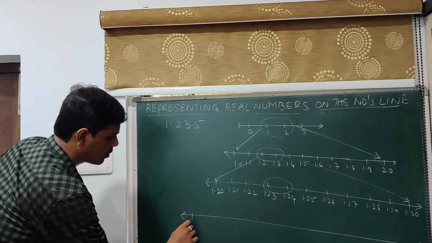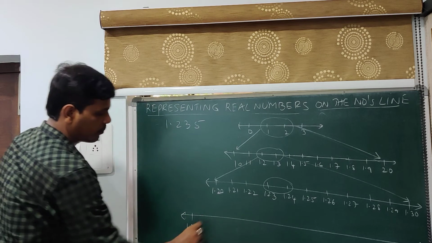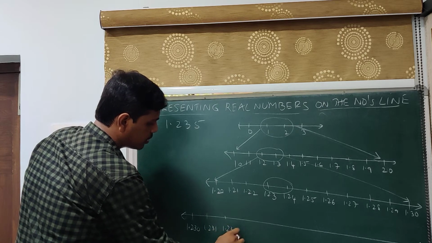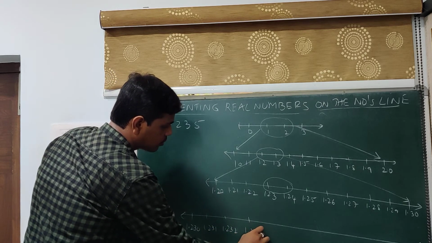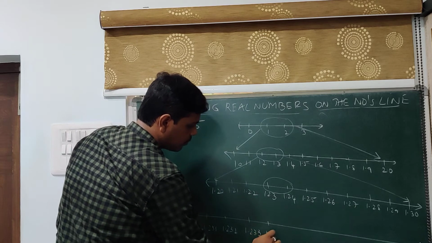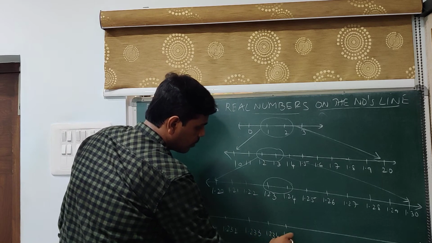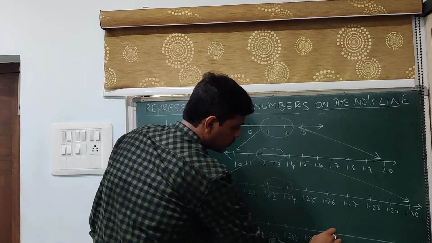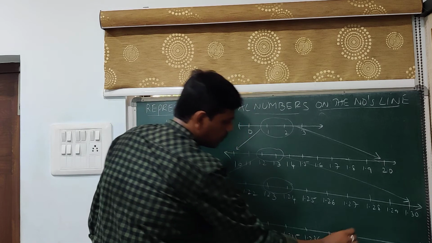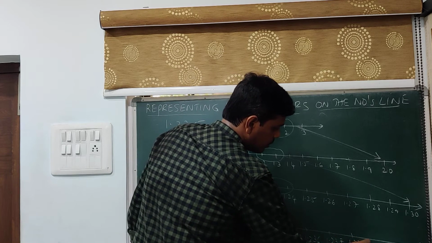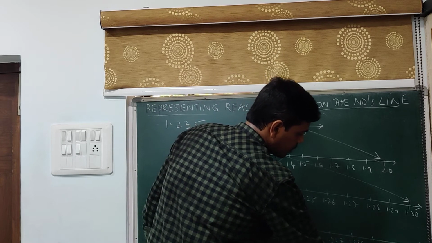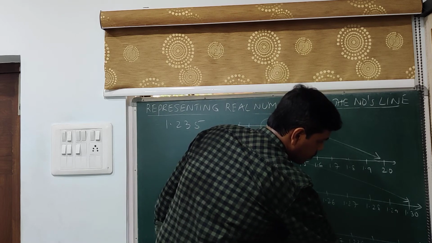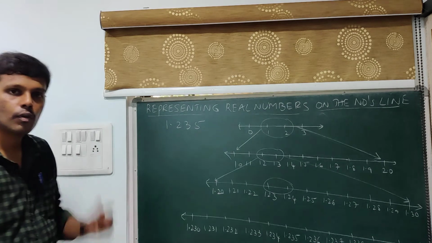So this is 1.230, 1.231, 1.232, 1.233, 1.234, 1.235, 1.236, 1.237, 1.238, 1.239, 1.240, or 1.24, both are same.